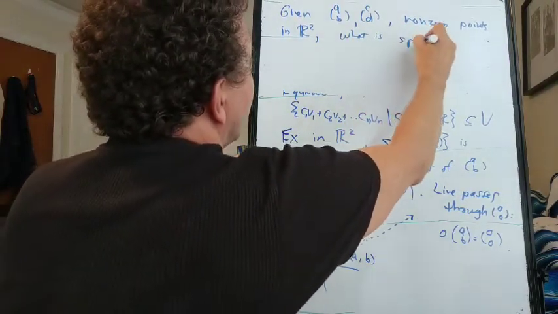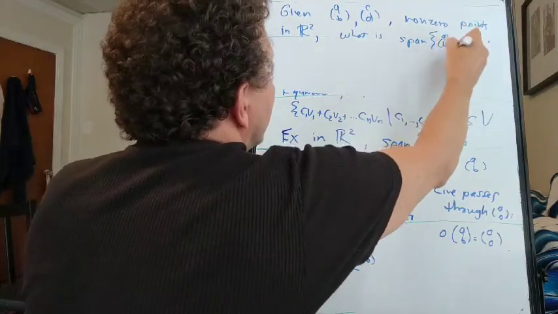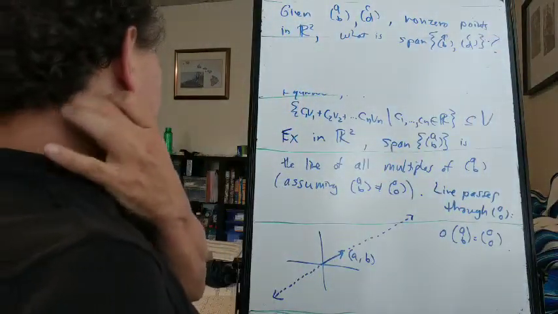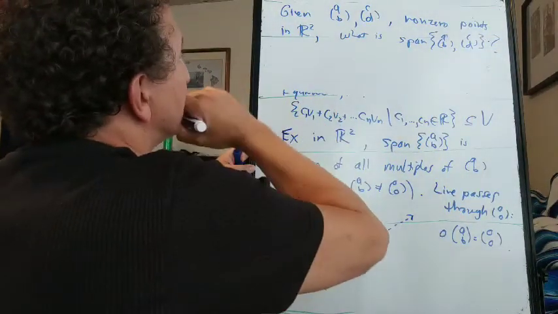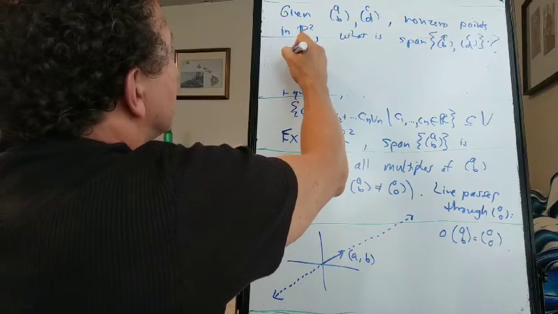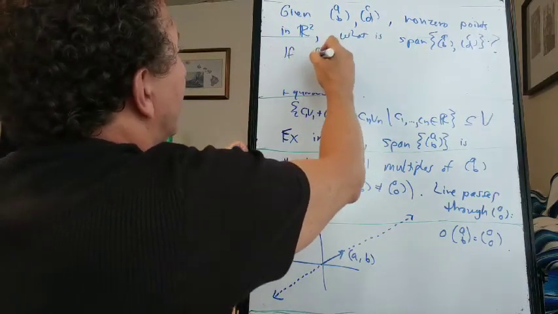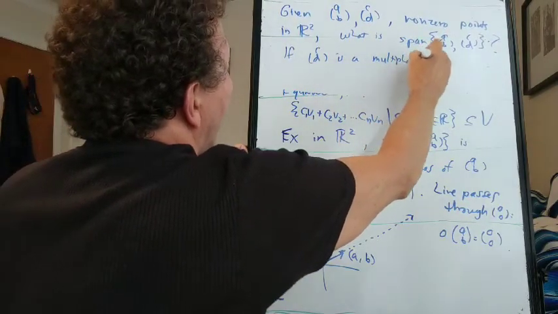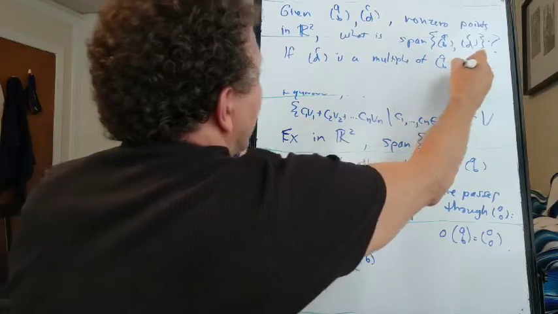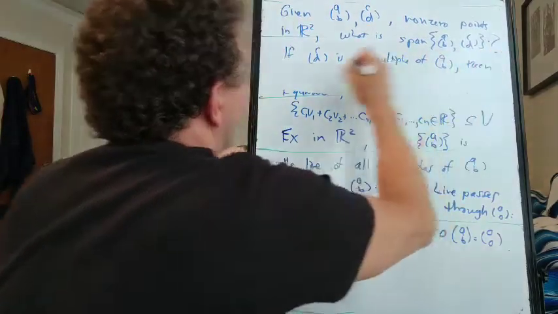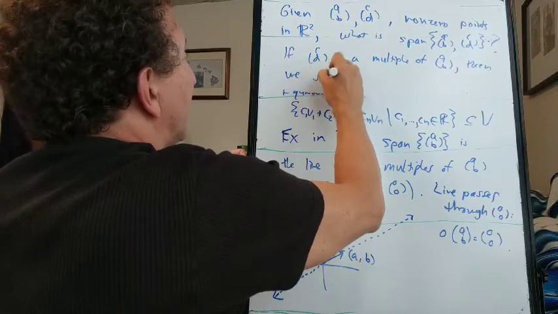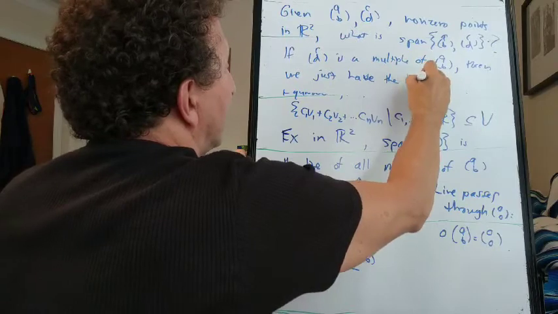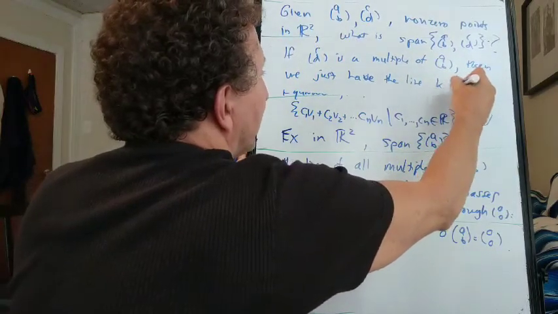What is the span of (a, b) and (c, d)? Well, for one thing, if (c, d) is a multiple of (a, b), then we just have the line, all multiples of (a, b) again.